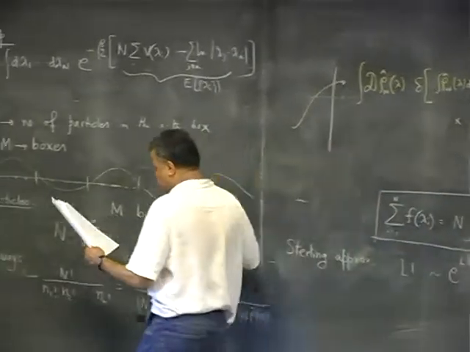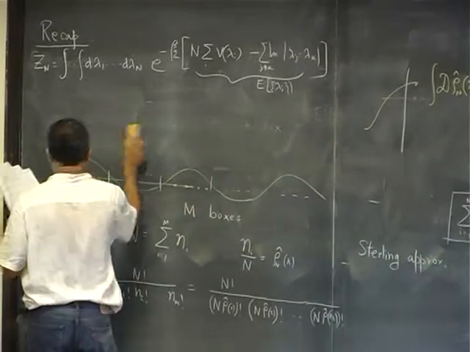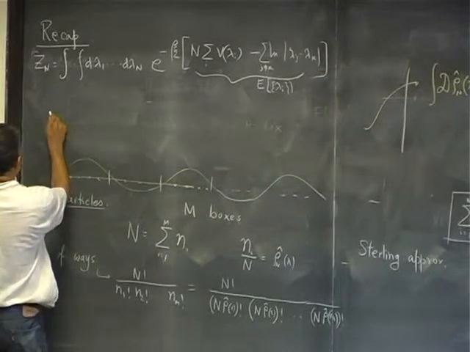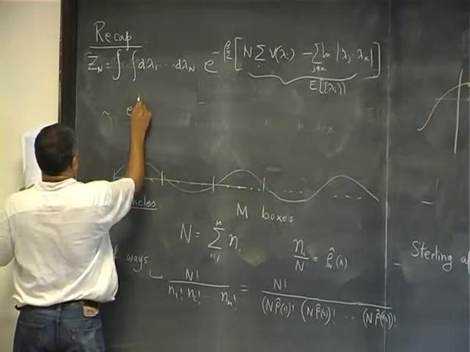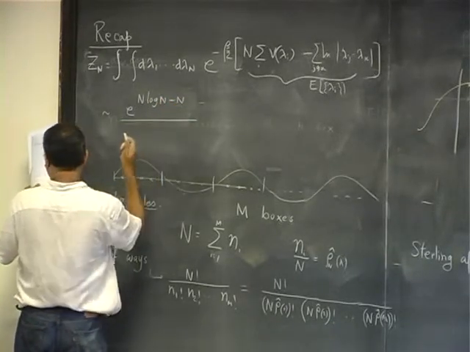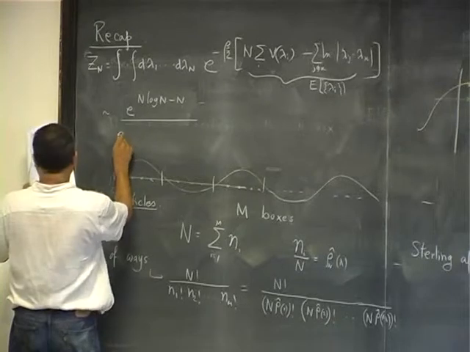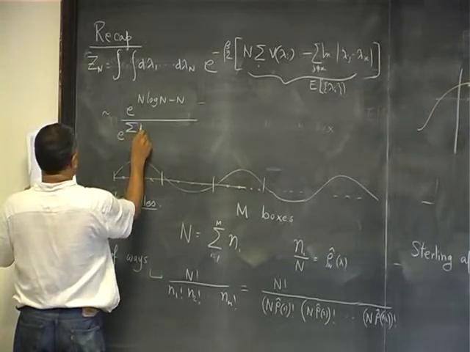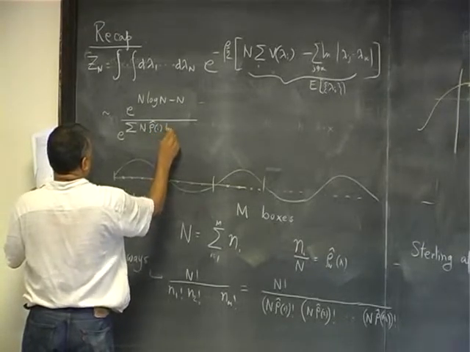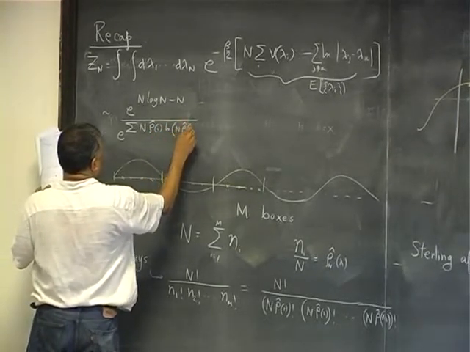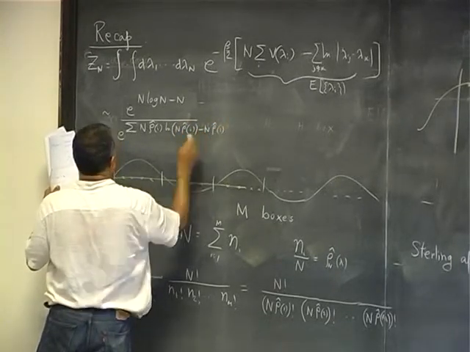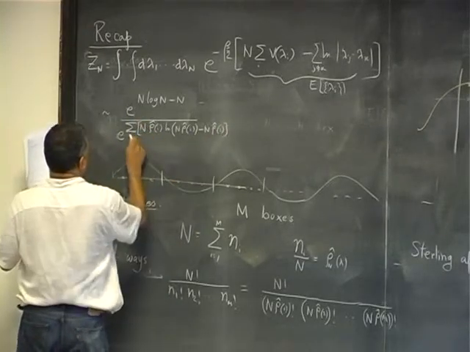So if I do that, what do I get? I get e to the power n log n minus n in the numerator, and in the denominator I get again e to the power summation n rho hat of box i log n rho hat of box i minus n rho hat i, sum over i.